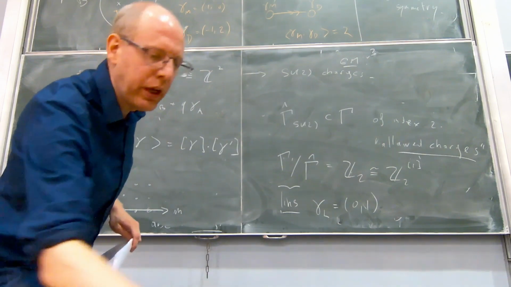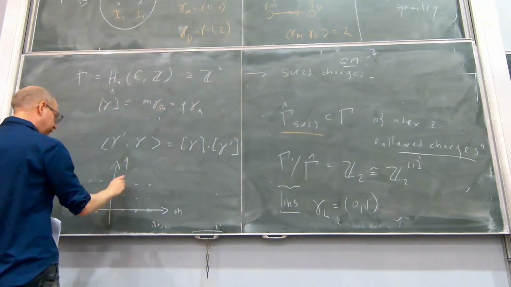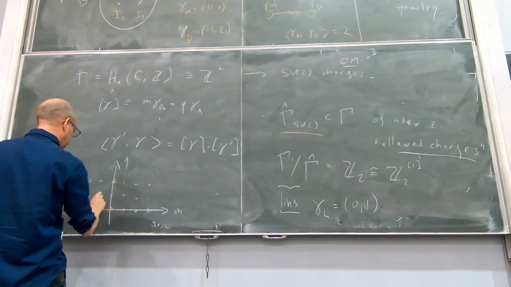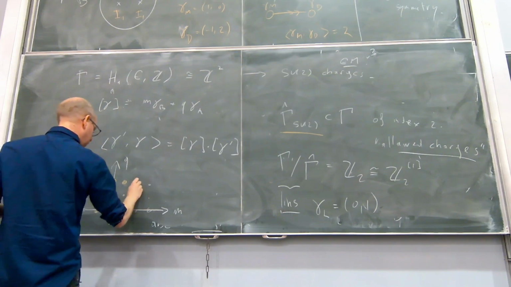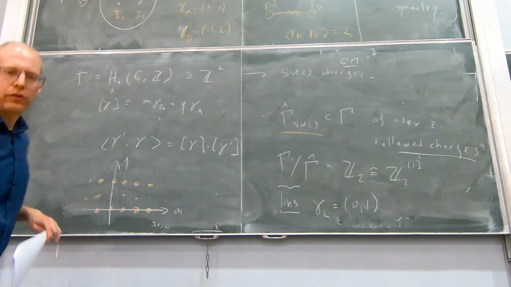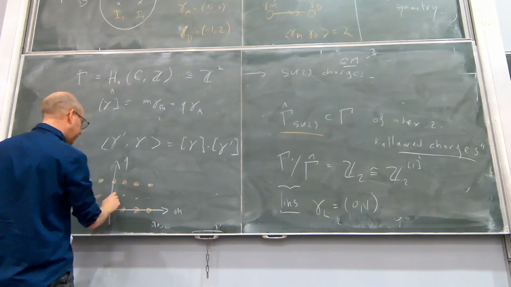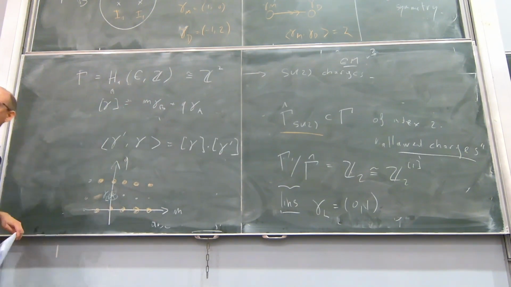And the allowed charges there are just the ones with even electric charge, so those points, not this one. And so on. On the other hand, gamma 0, 1 here, that will be gamma L. This is the line that cannot be screened. Okay.